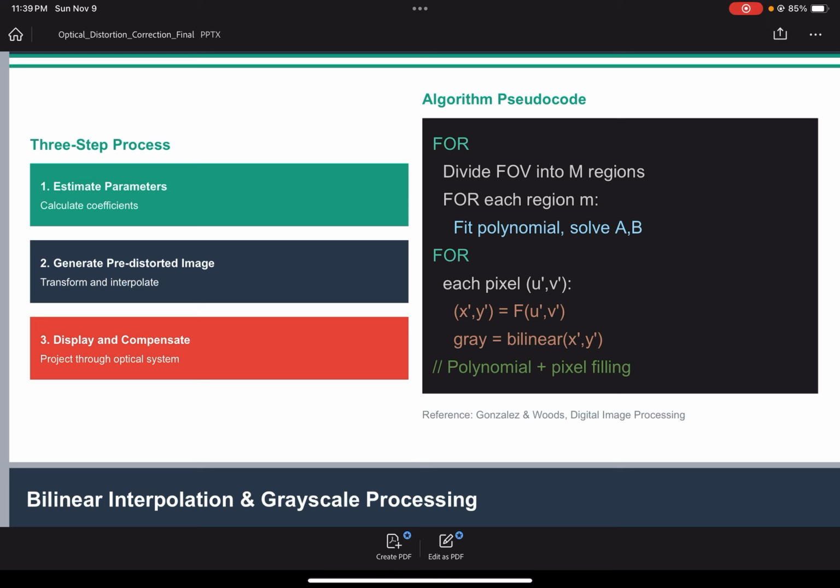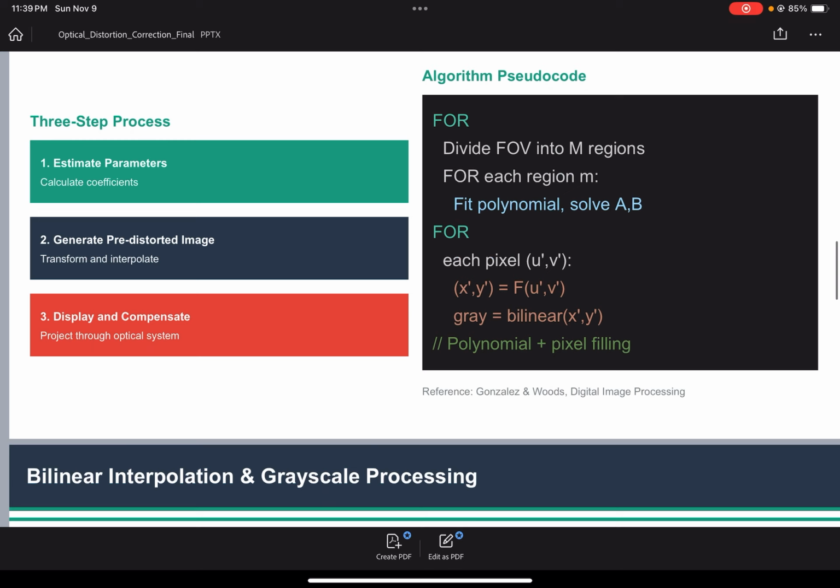Then we use bilinear interpolation to calculate the color value from 4 neighboring pixels. I used this pseudocode from a standard image processing reference, the Gonzalez and Woods Digital Image Processing.